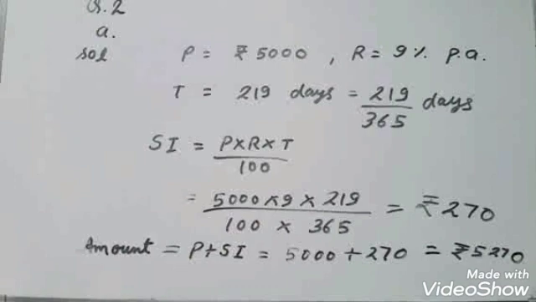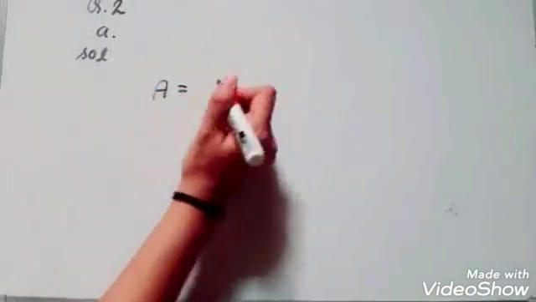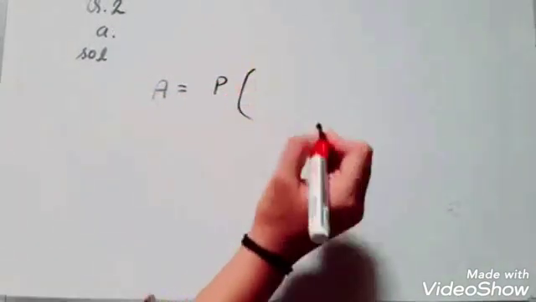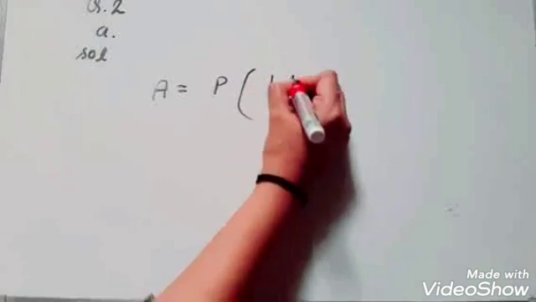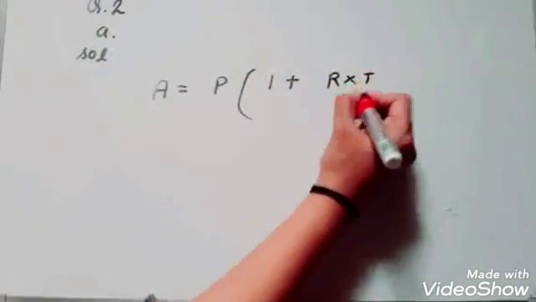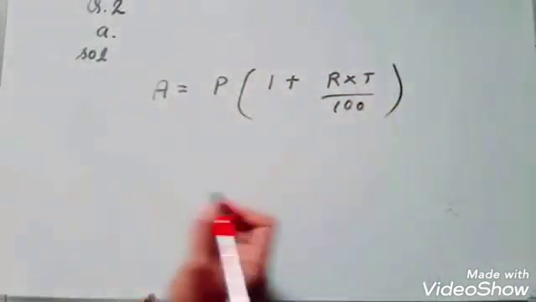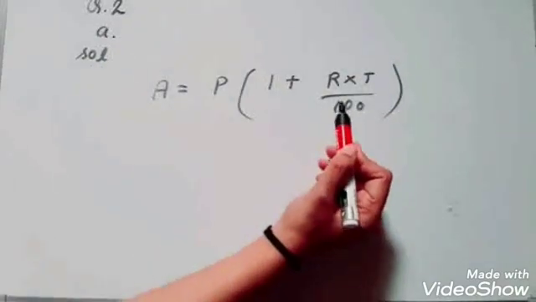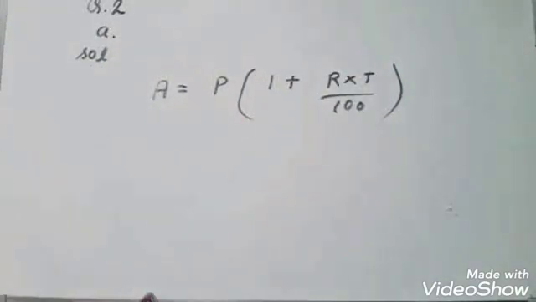It is the answer. We have one more formula for calculating amount, and what is that? A is equal to P in bracket 1 plus R into T upon 100. Students, directly you can put the values in this formula and you can calculate the amount.